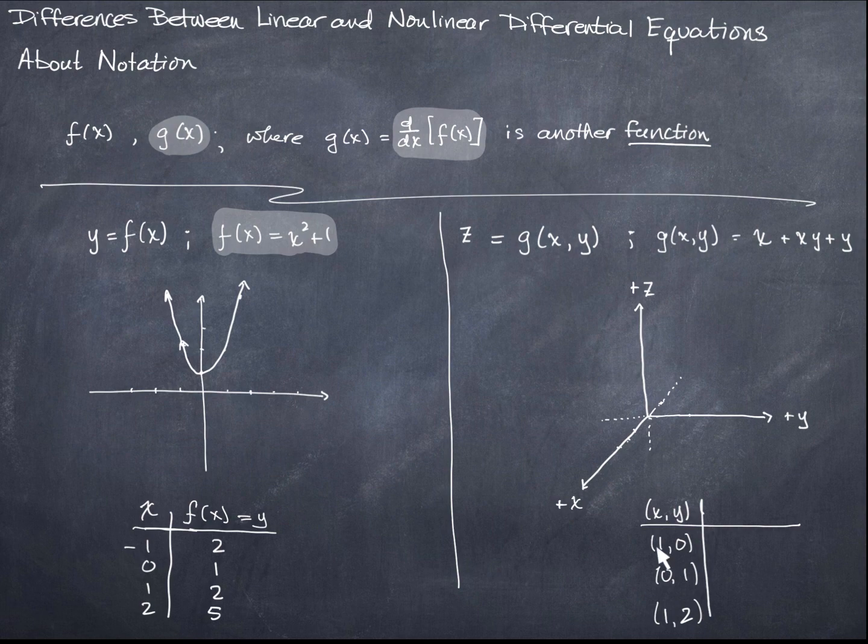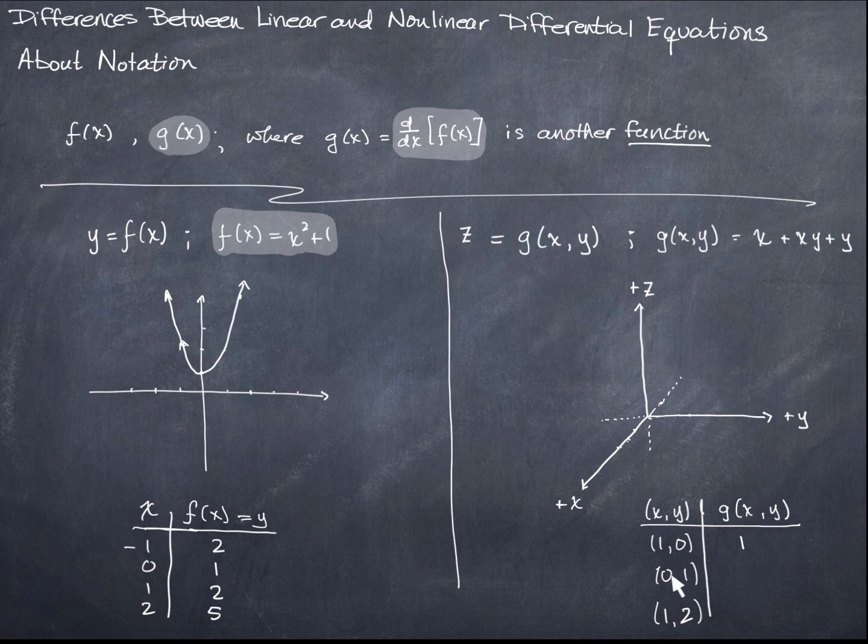When x is 1 and y is 0, I get 1 plus 1 times 0 plus 0. And that's 1. I should write g of x, y up here. In the same way as this is my input column here, and this is my output column, this is my input column for this function, and this is my output column.